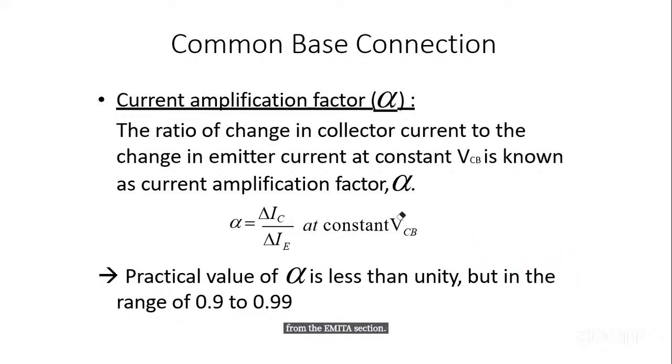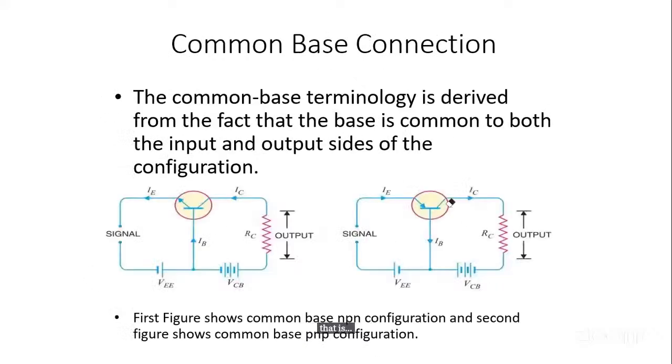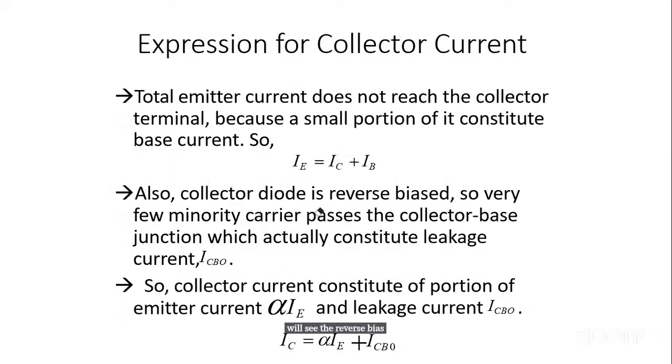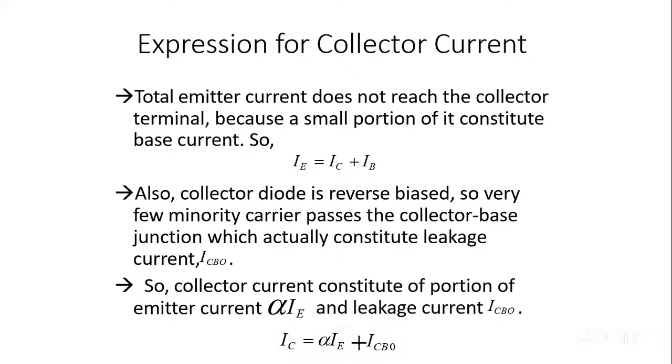Now, the total current at the collector part is that plus the leakage current. Remember, I explained to you that when we reverse bias the output side, it is majority carriers that we are blocking from going back. But the minority carriers will see that reverse bias as a forward bias.